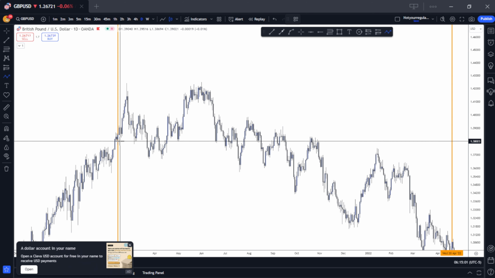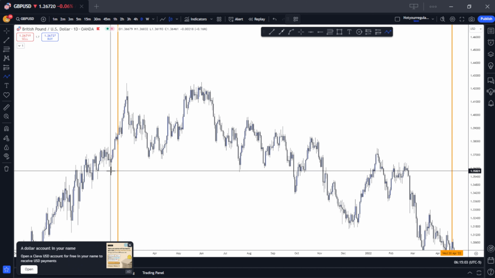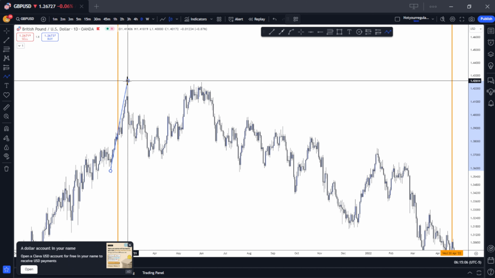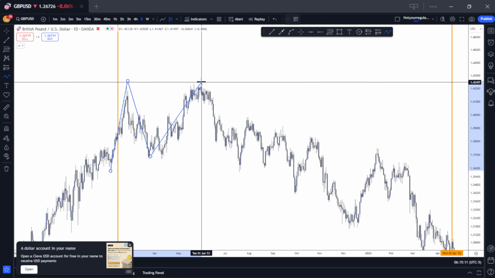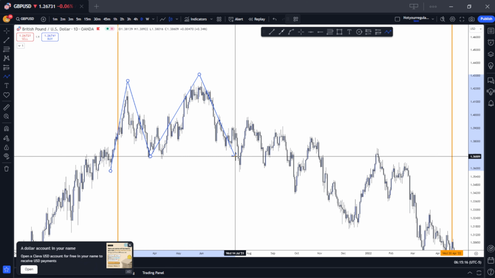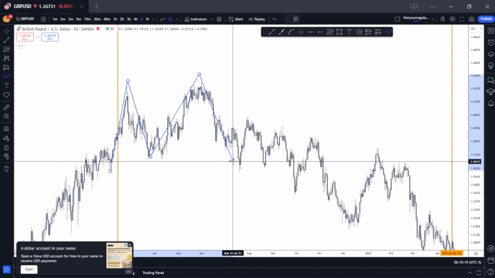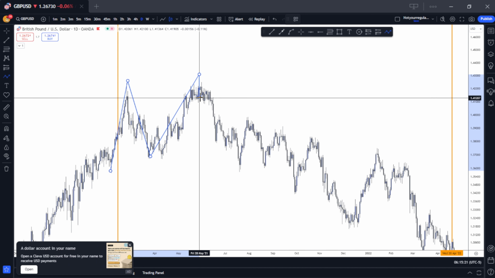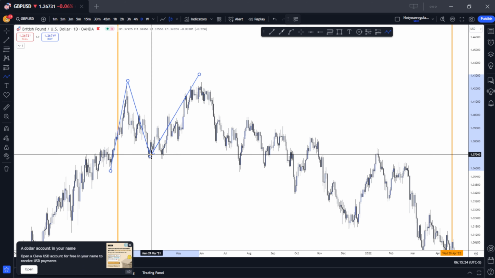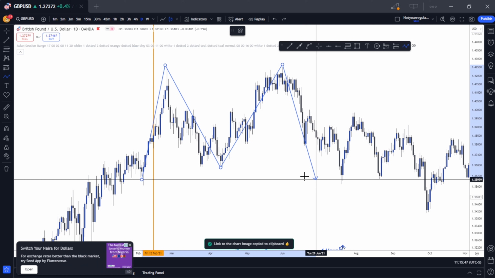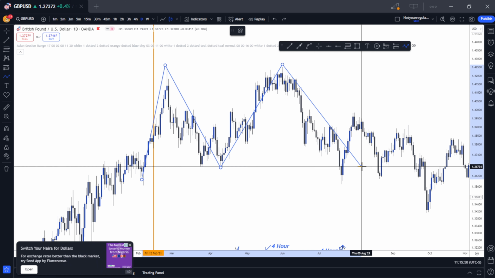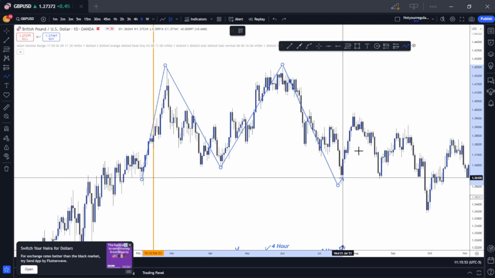You see the market was first bullish, then we created this higher high and this higher low, then this new higher high, it swept this previous high, then price started retracing and broke this higher low, which now gave us our new lower low.